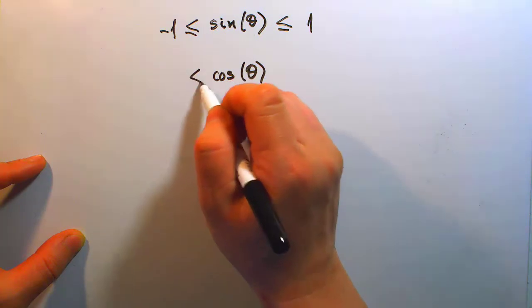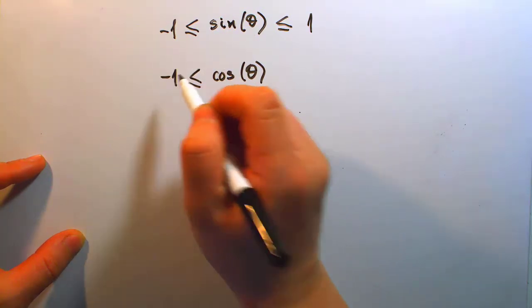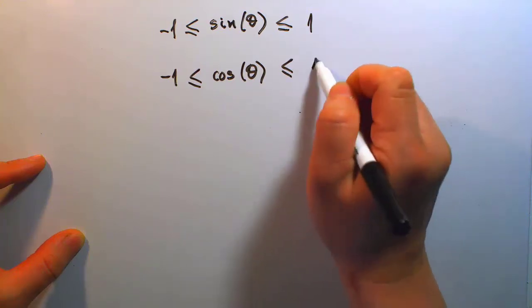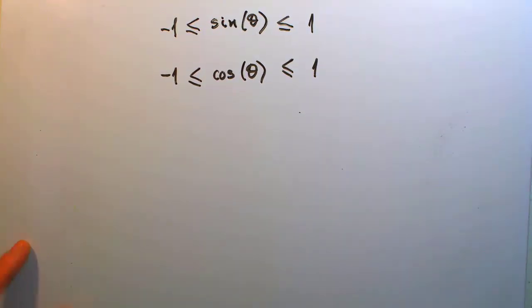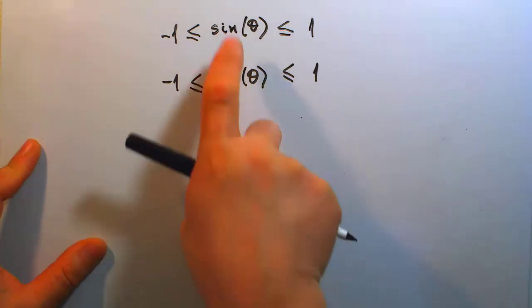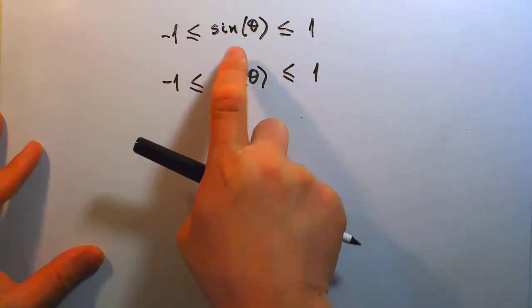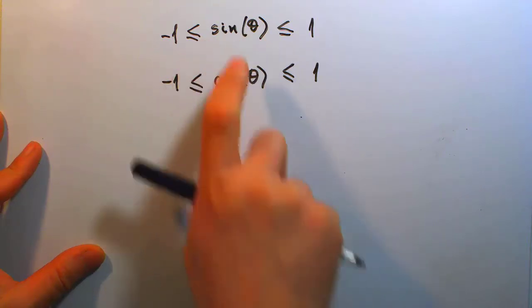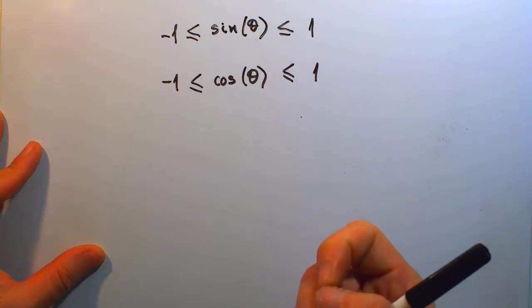Same thing with cosine: -1 is the least, and 1 is the most. But just because sine and cosine output values are restricted to that interval doesn't mean tangent is going to have that restriction naturally.